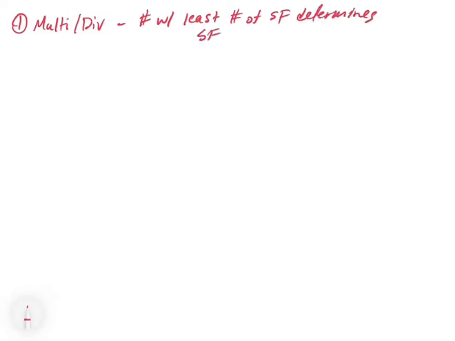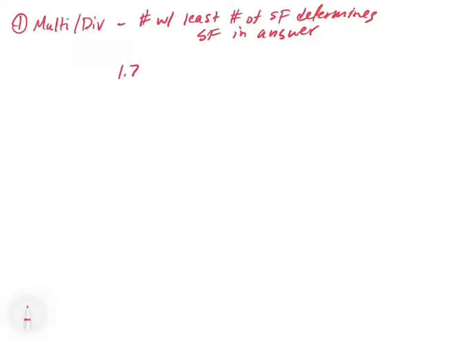So there are a couple of things. We can have multiplication and division. That's the first one. The rule for multiplication and division is that the number with the least number of sig figs determines the sig figs in the answer.